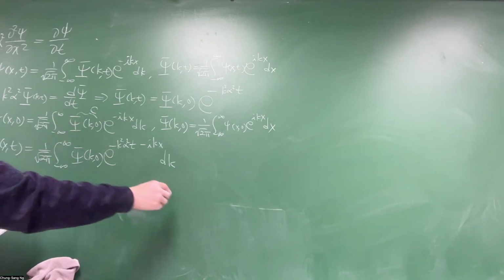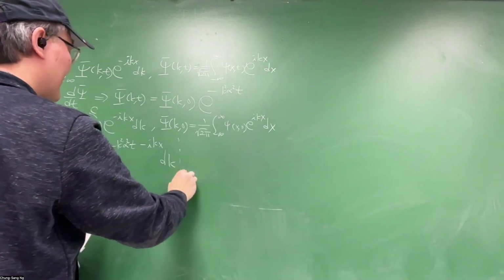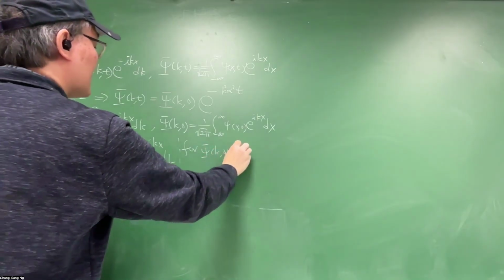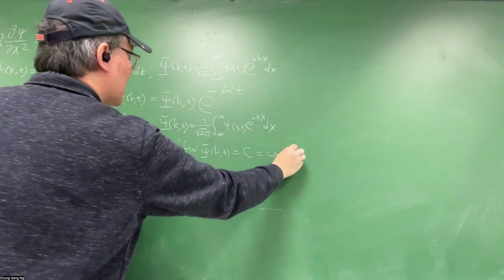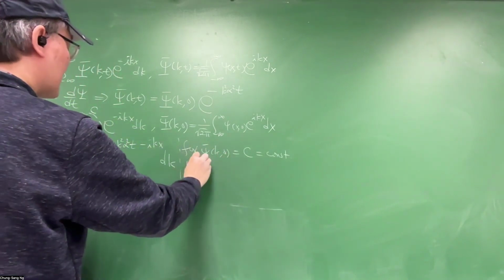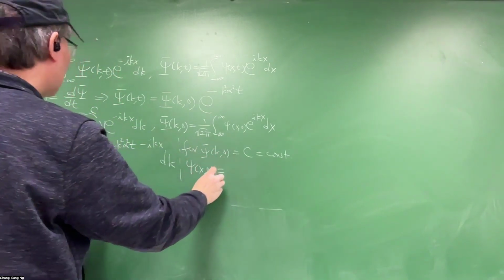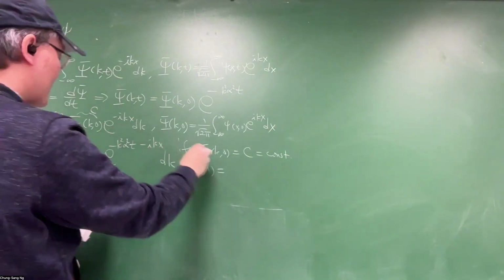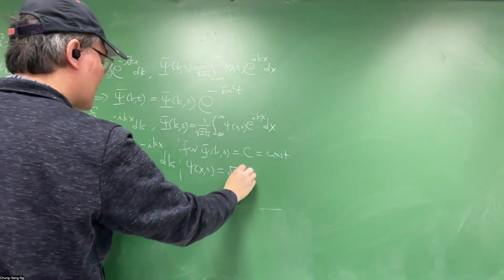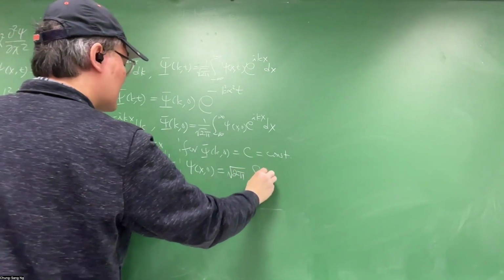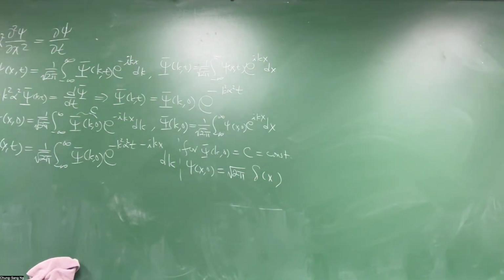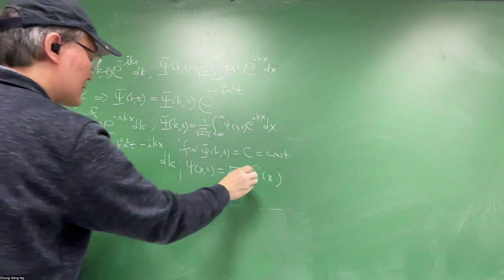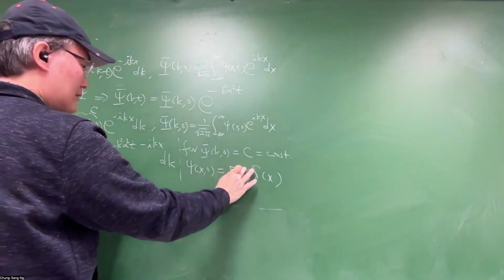Right. So for C equals a constant, then the initial condition is obviously 2 pi times C times delta x, and then divided by 2 pi, you get all together this integral. Oh, there's a C. The C doesn't include in this way.